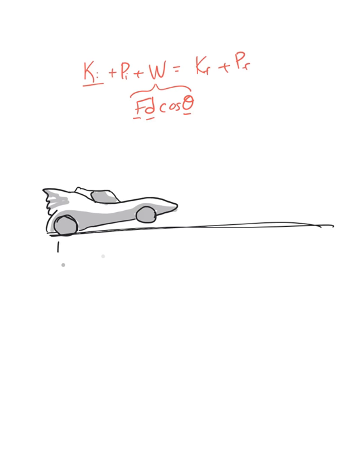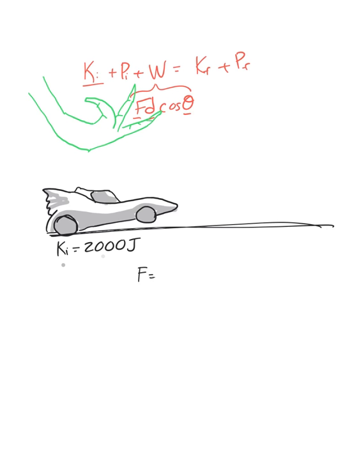So originally, the Batmobile has 2,000 joules of kinetic energy. Suddenly, Godzilla is going to appear. That's Godzilla's claw. Apparently he's suffering from some sort of tennis injury. And Godzilla is going to kick the car, applying a force of 1,000 newtons for a distance of 30 meters.